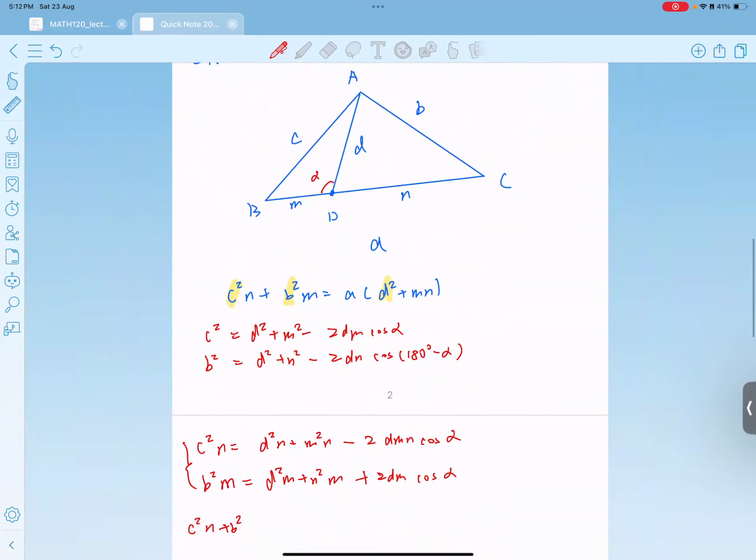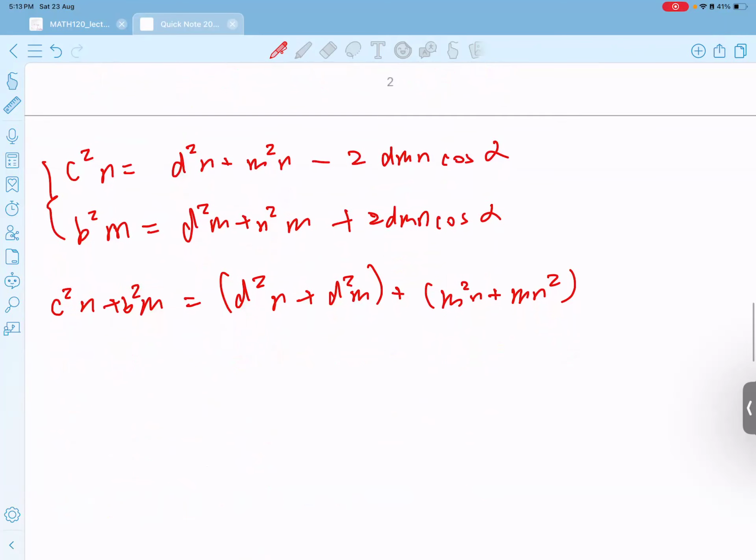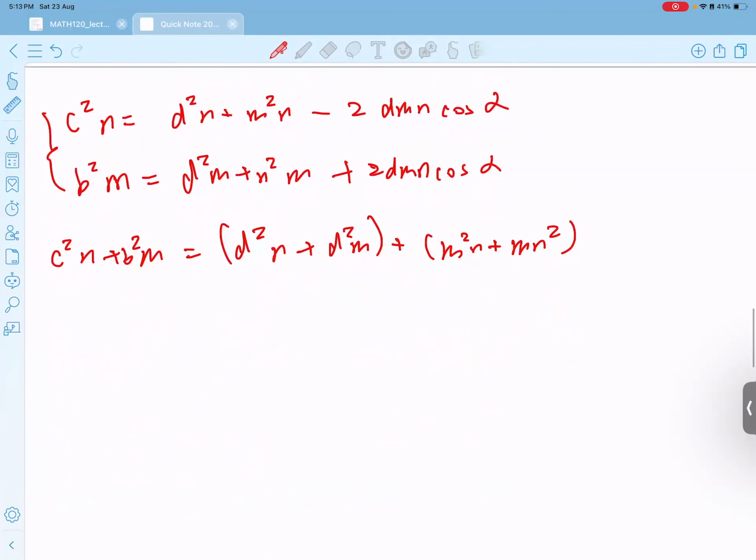If you add these together, I'll just put it here first. d squared m plus d squared n. So that's a group. m squared n plus m n squared is a group. And then conveniently, these two cosines cancel out. So let's just factorize this. d squared times m plus n, plus mn times m plus n.